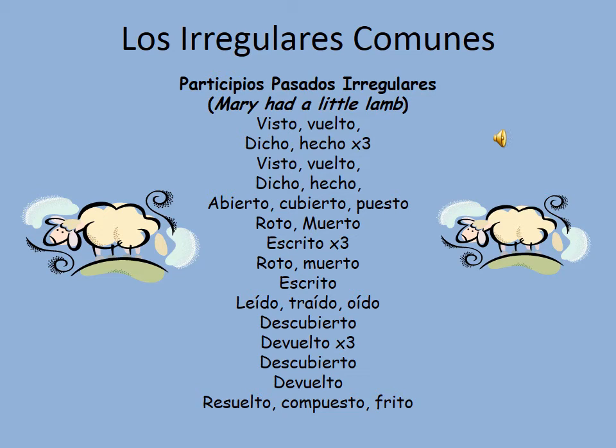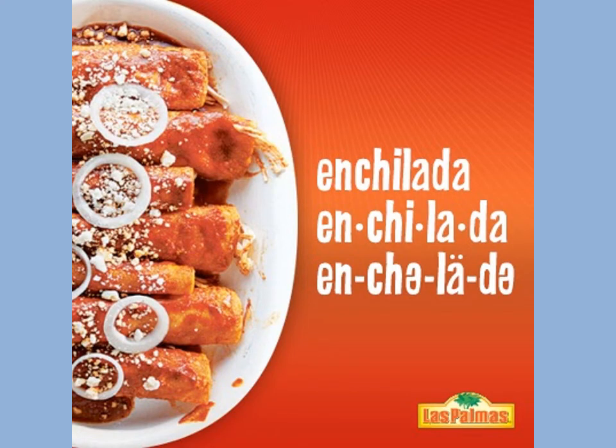But again, don't forget frito, papas fritas, that's our favorite, fried potatoes. So at some point you need to learn this song and try and have that help you for all of those irregular past participles.